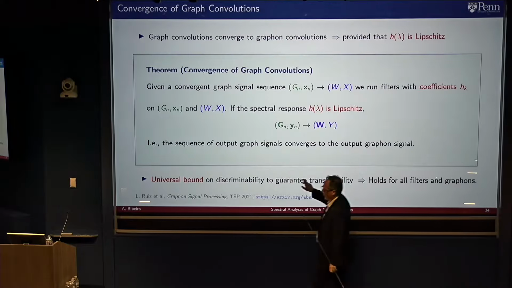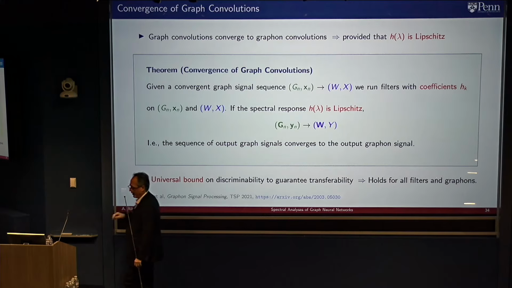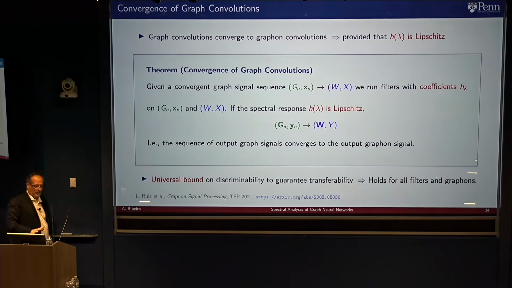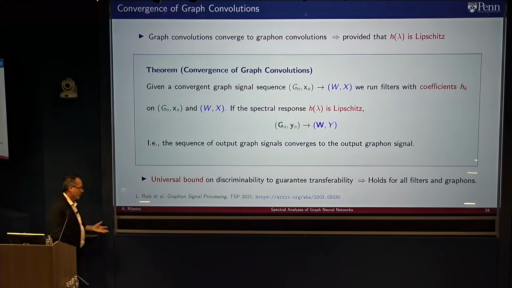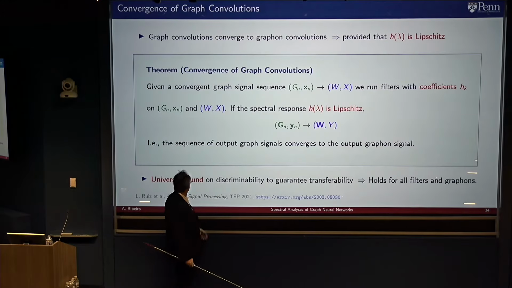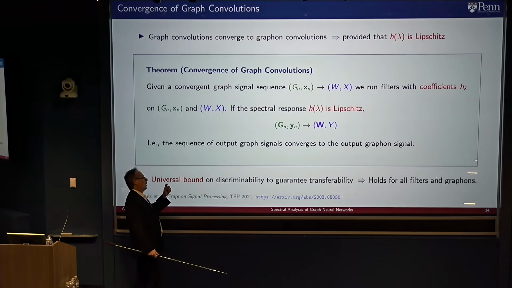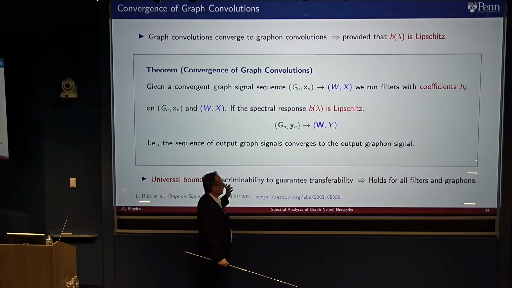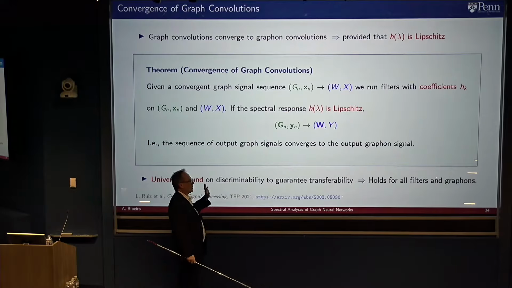But before I do that, I have to emphasize that this bound is universal. Since I am requiring h of lambda to be Lipschitz, and Lipschitz is a restriction on discriminability, I am here giving you a universal warranty of transferability subject to a restriction on discriminability.